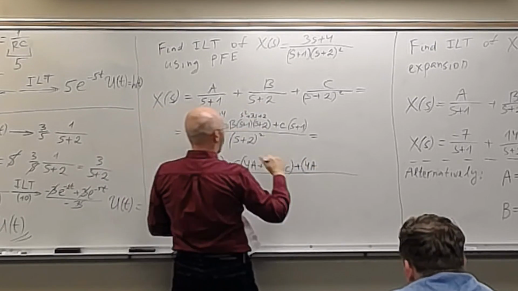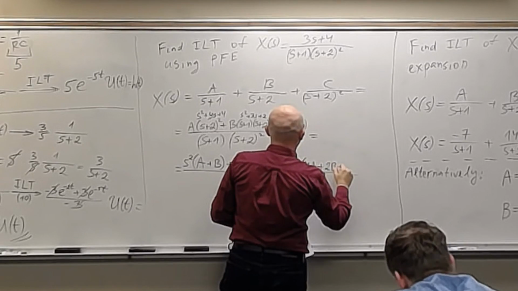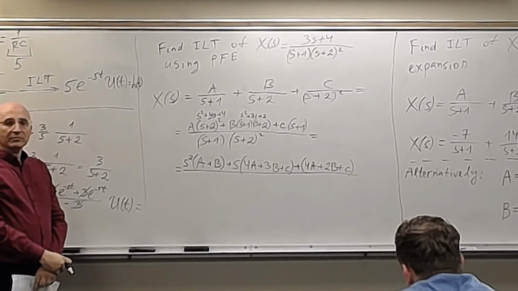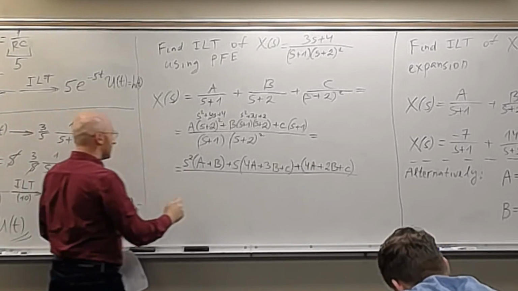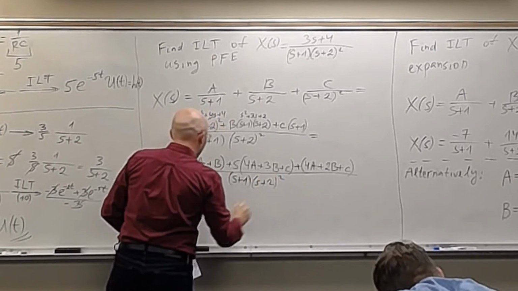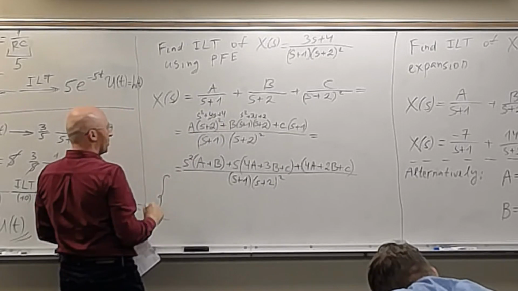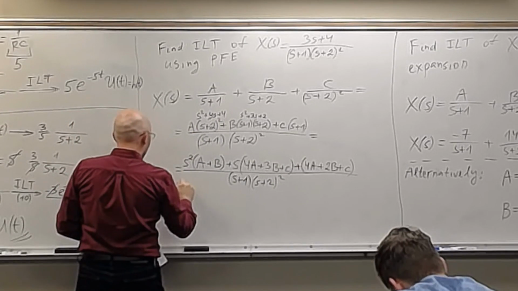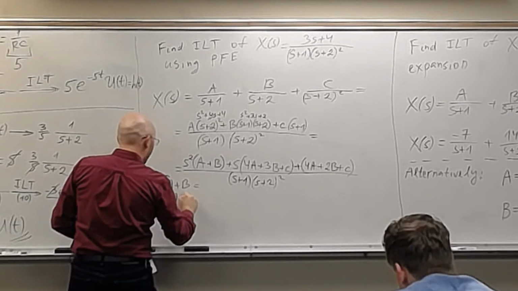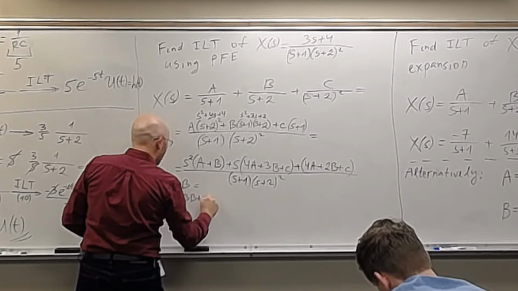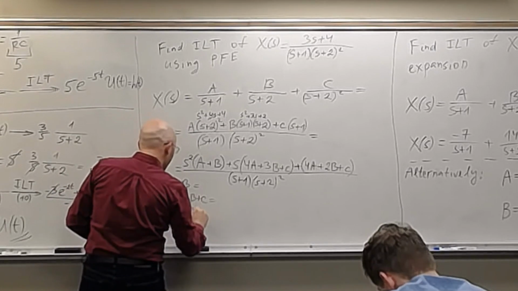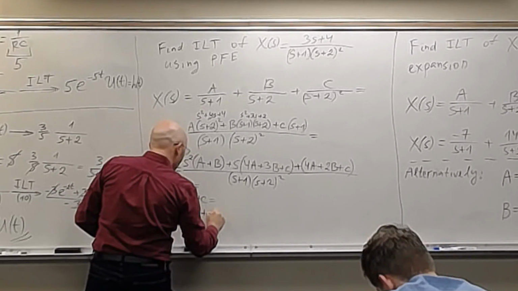From the second one, twice b, and plus c. And now we have a system of three equations. So the system of three equations will be a plus b equals the first coefficient, then 4a plus 3b plus c equals, and then 4a plus 2b plus c equals.